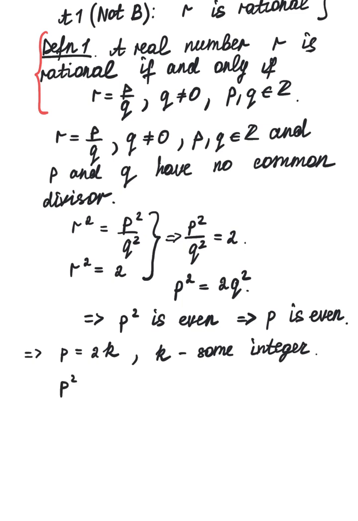So p squared, which means 2k squared, which is 4k squared, is equal to 2q squared. Looking at this last equality, we can divide both sides by 2, so we get 2k squared equals q squared.